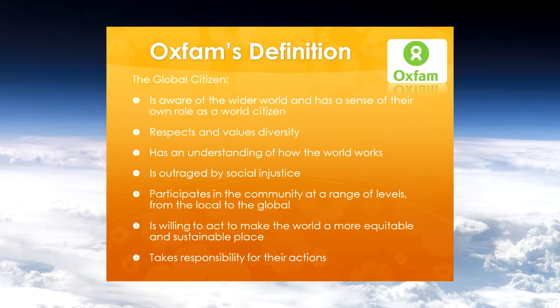Here they explicitly state global citizen, and if you focus on some of the last few bullet points listed, the global citizen participates in the community at a range of levels, from the local to the global, and is willing to act to make the world a more equitable and sustainable place.